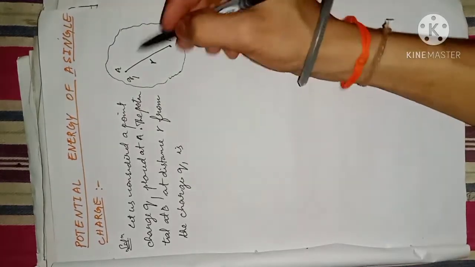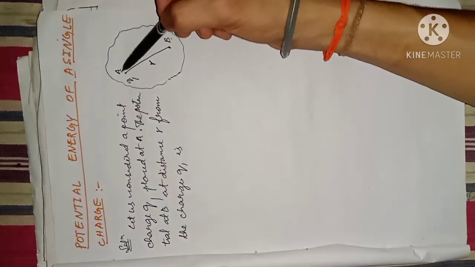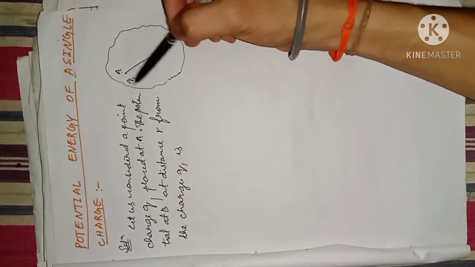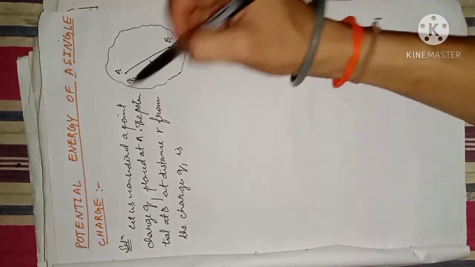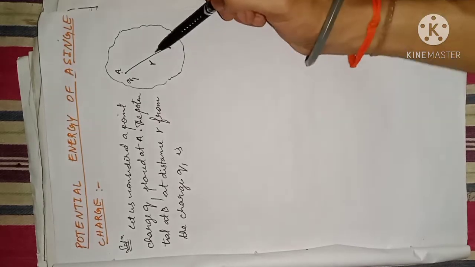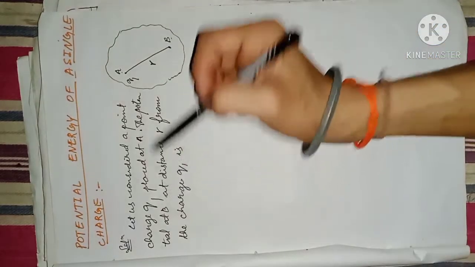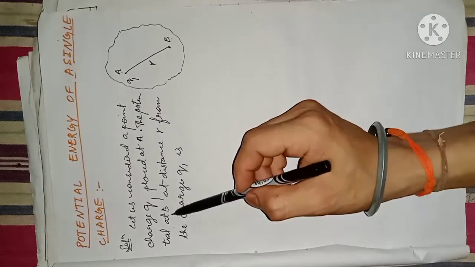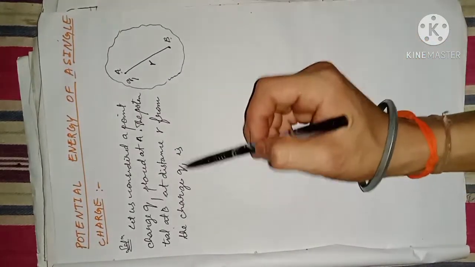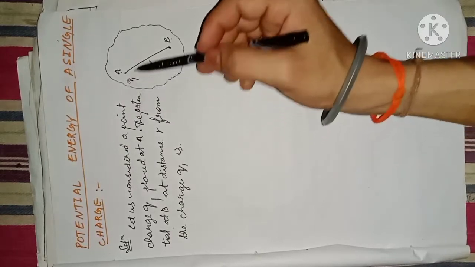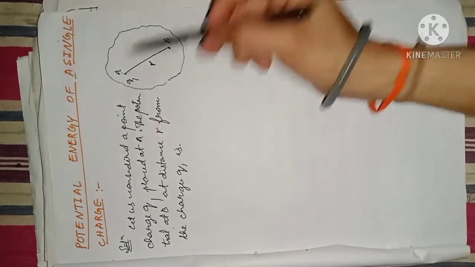We have considered a point A of charge q1, and a point B at a distance r. So there is some potential from point A to point B.